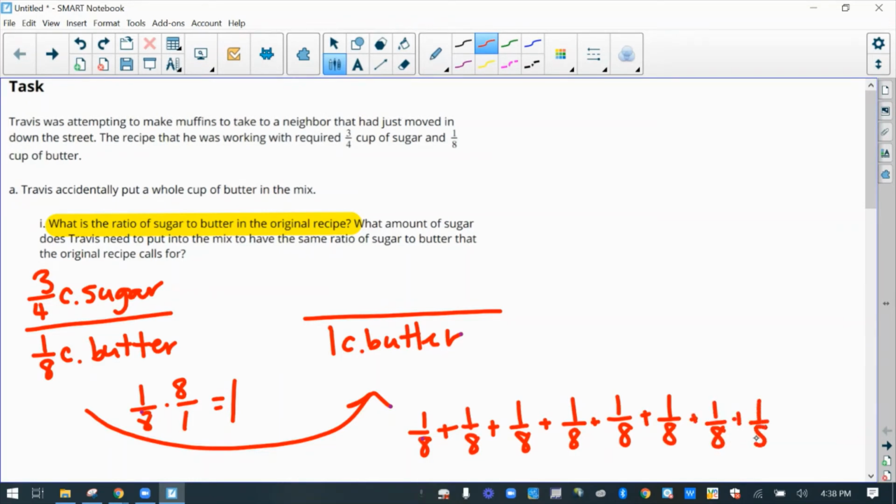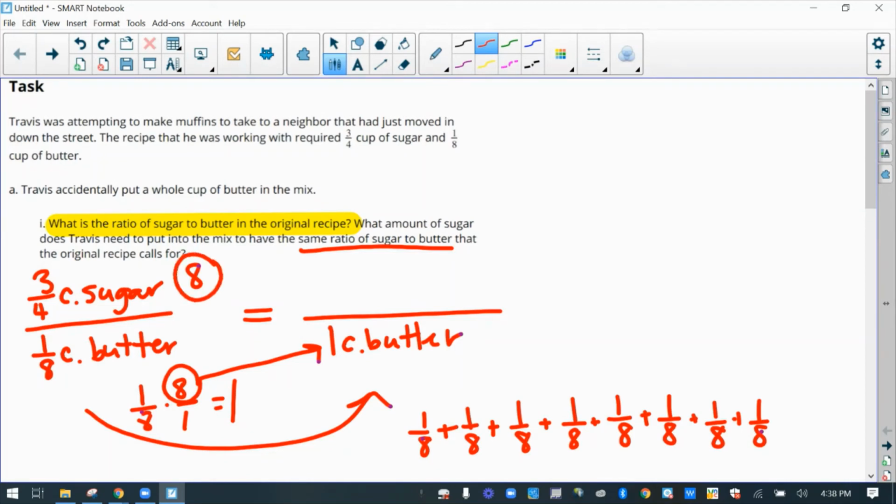Now, in order to keep this in ratio, right here it says the same ratio of sugar to butter. So in order to keep this in ratio, I need to keep it having the same values. The only way that I can keep this relationship the same is by multiplying it by 1. Since I multiplied the denominator by 8 in order to get 1, I also have to multiply the numerator by 8.